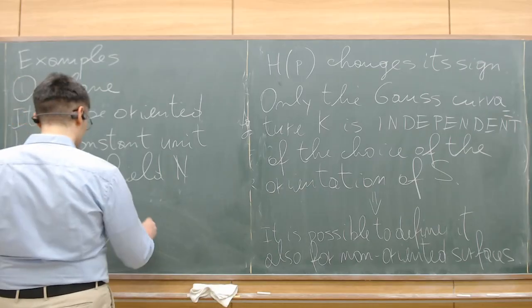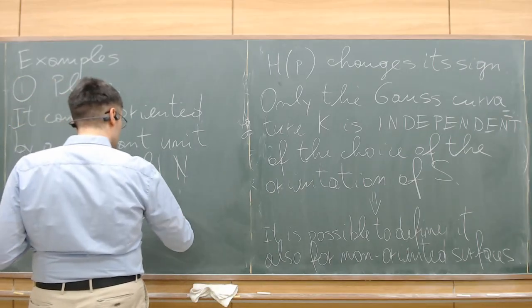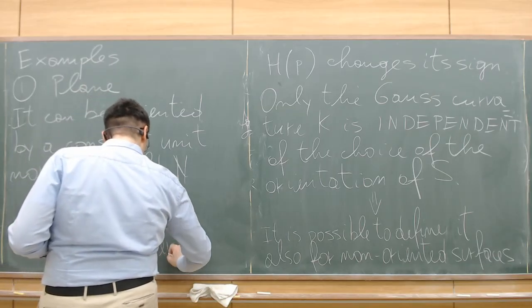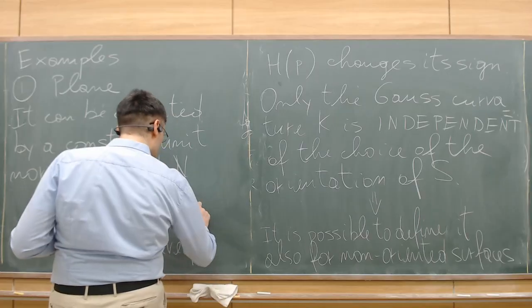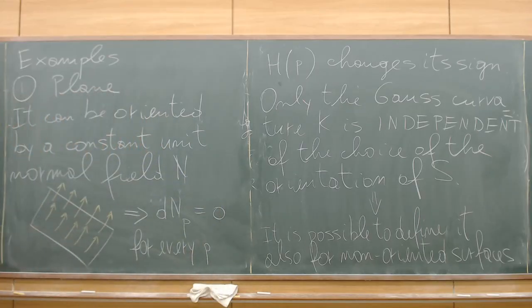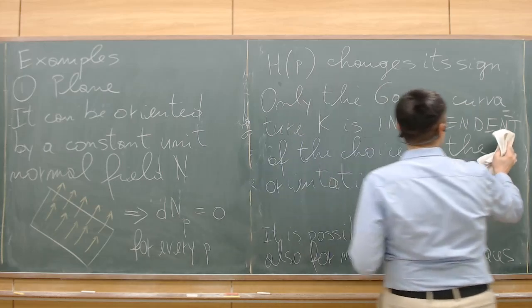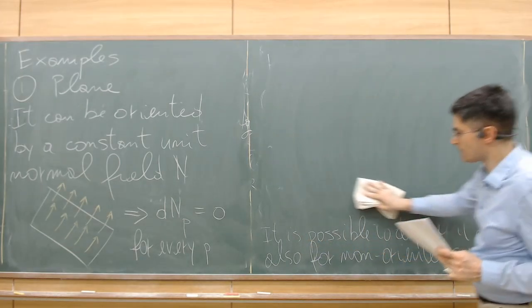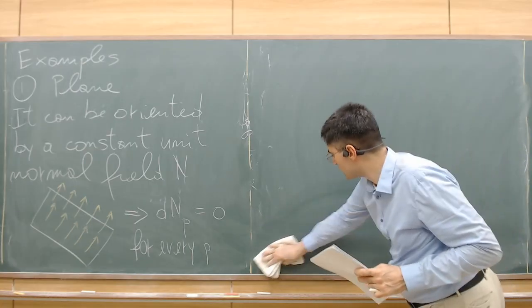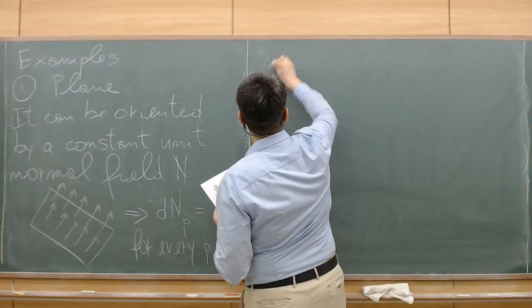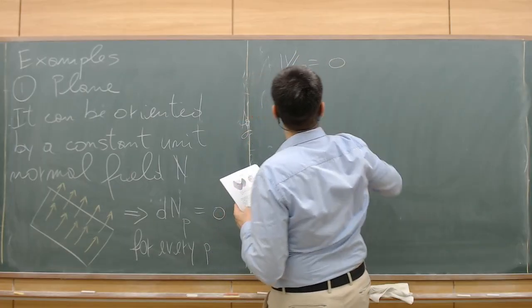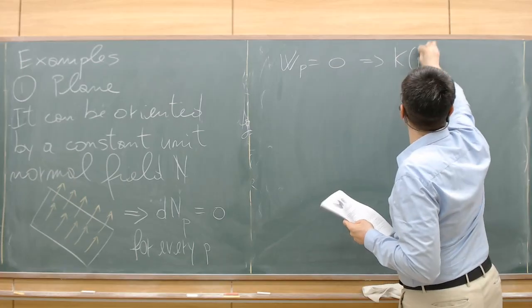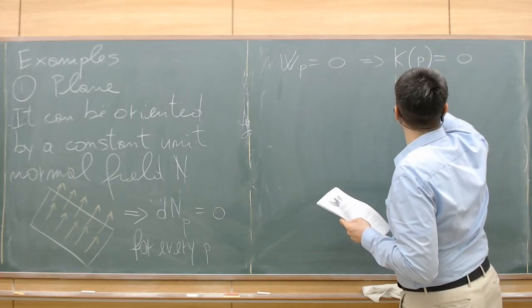So this means that the derivative of this function for any p is 0. And this means that WP is 0, and this implies that the Gauss curvature is 0 and the mean curvature is 0.